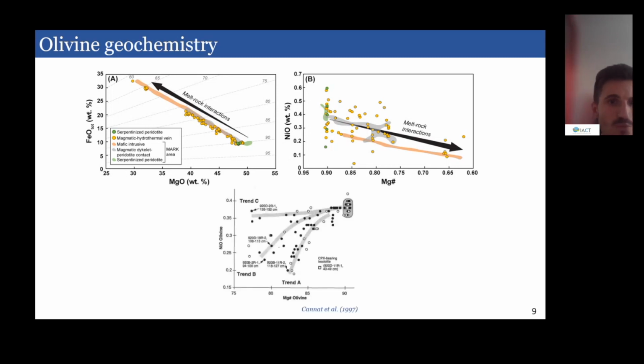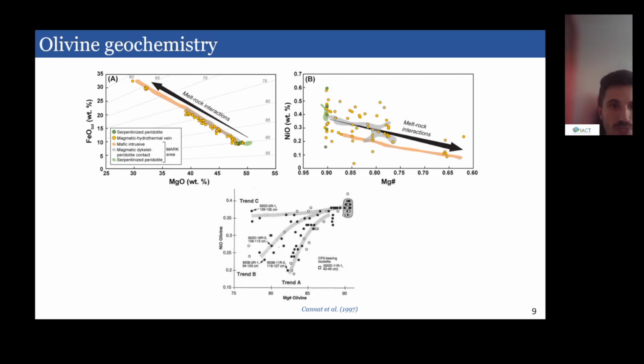So this was not really a big deal. I mean, 30 years ago, it has already been seen that such modification of the chemical composition of olivine could be triggered through melt-rock interaction.